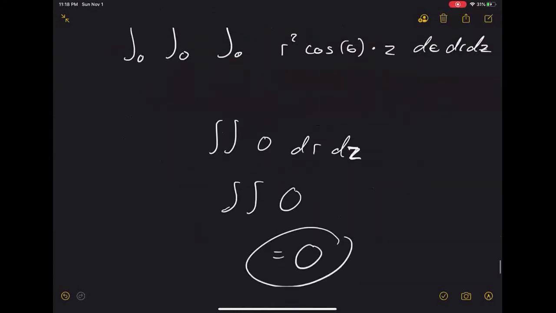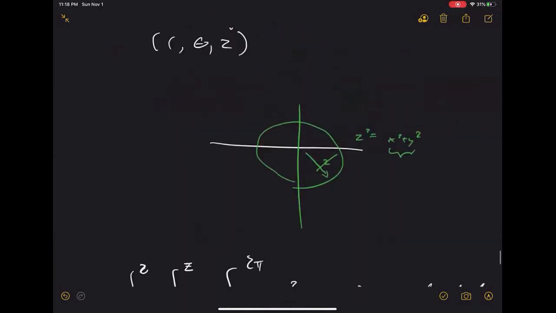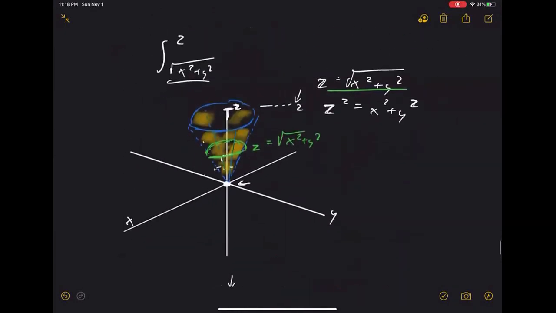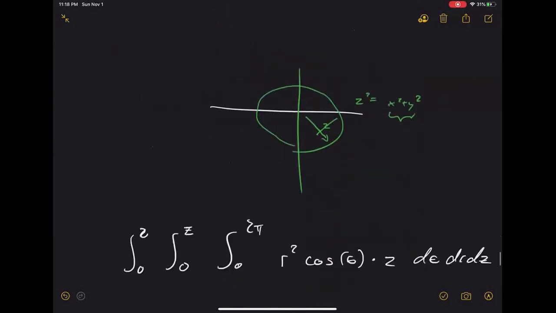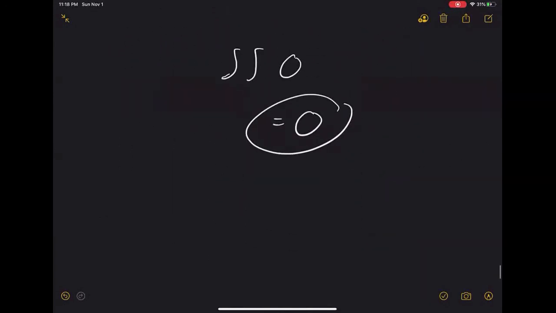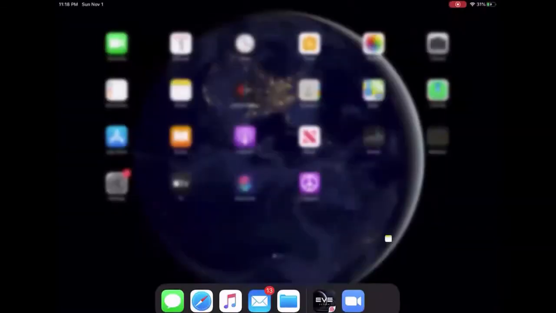But it should be a bit easier when they tell you what the region is, bounded by this function and this function. Then maybe it's easier to draw the curve and get the bounds that way. So good luck on that.